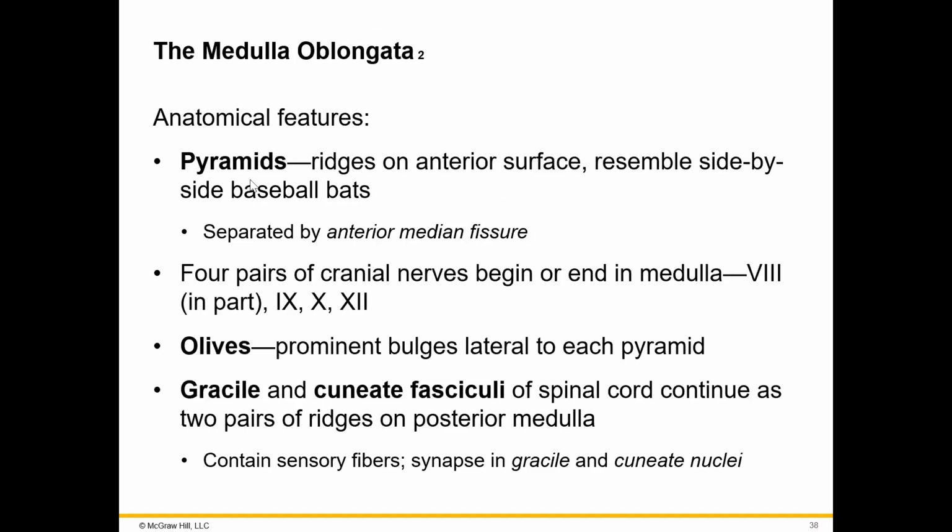The pyramids are ridges on the anterior surface that resemble side-by-side baseball bats. The olives are prominent bulges lateral to each pyramid. The gracile and cuneate fasciculi of the spinal cord continue as two pairs of ridges on the posterior medulla.